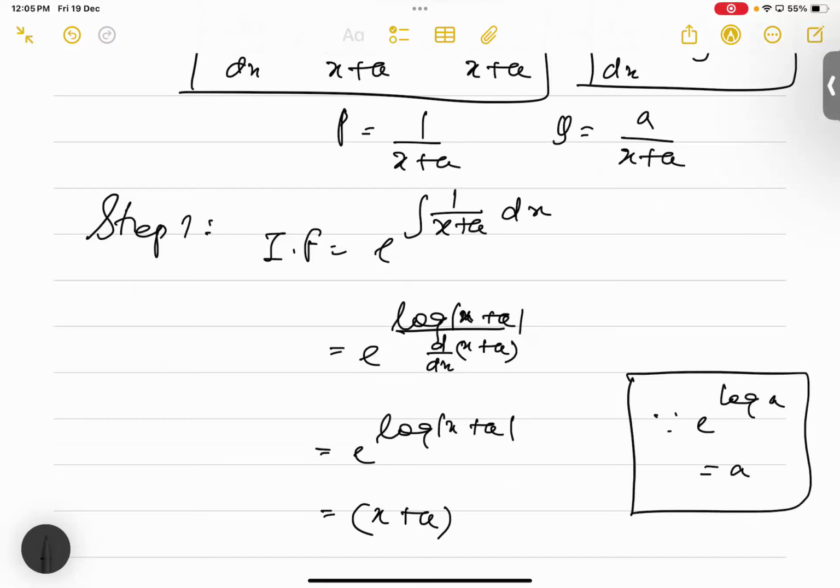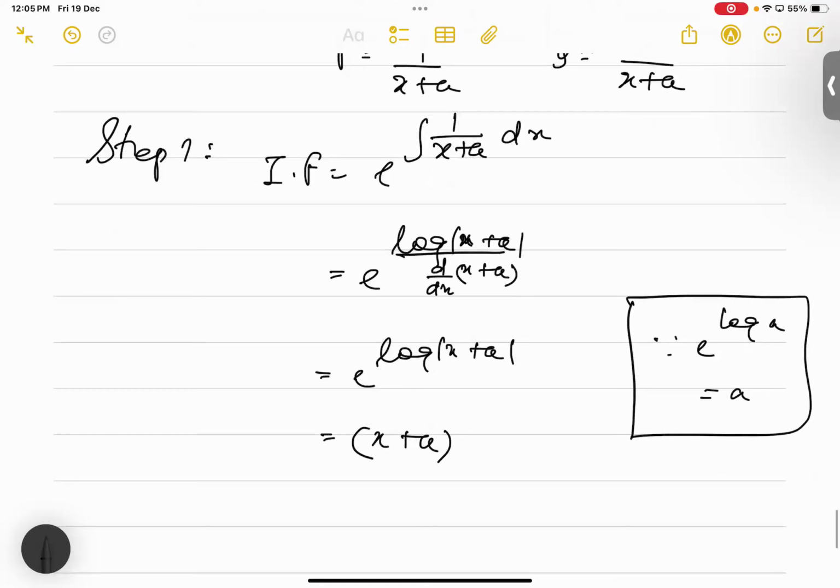Acha guys, see integration of 1 upon x plus a. When I integrate 1 upon x plus a, I'll compare it with 1 upon x formula. 1 upon x is log mod x. So 1 upon x plus a is log mod x plus a upon d by dx of x plus a. What is d by dx of x plus a? 1. And what is e raised to log a? a.